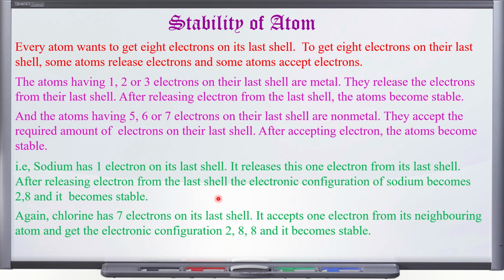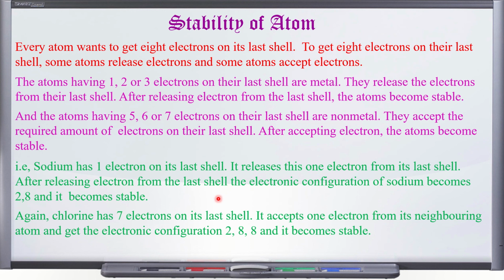So what will carbon do? Carbon will not become stable? Dear students, carbon will also become stable, but carbon will not release any electrons or accept any electrons. Carbon will become stable by sharing its electrons. That will not be learned in this class.